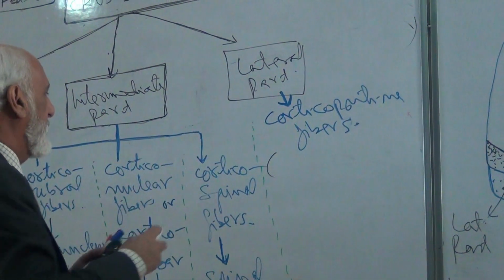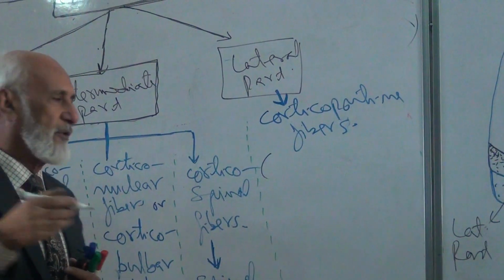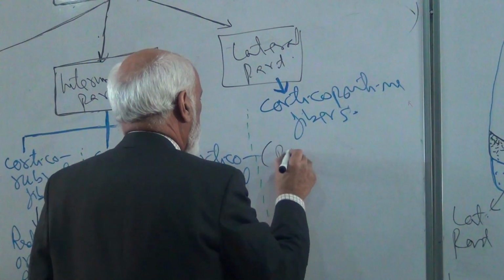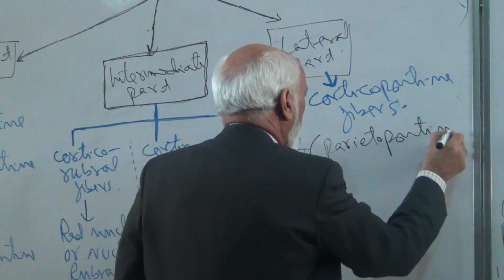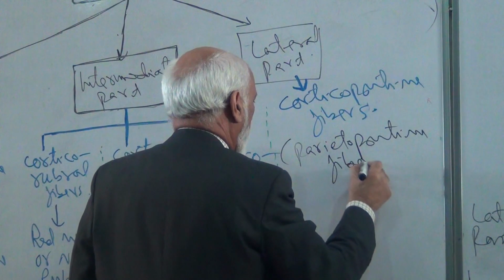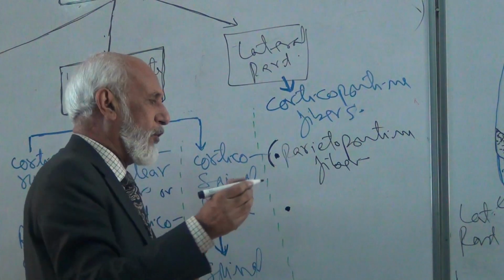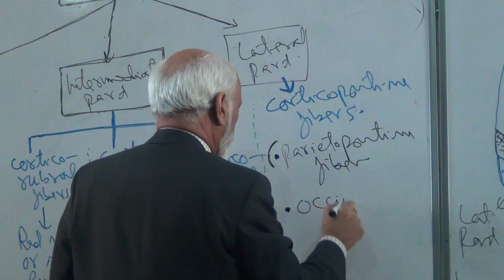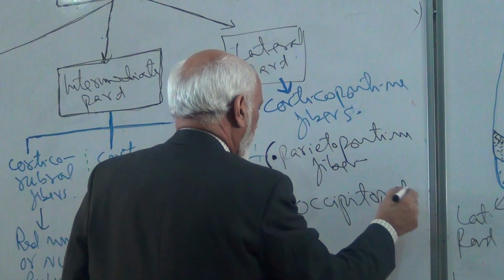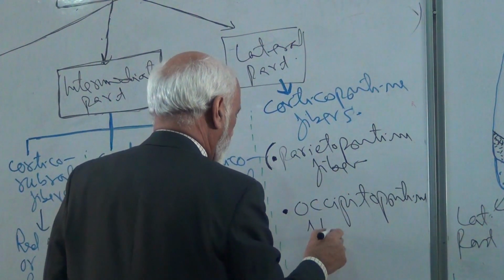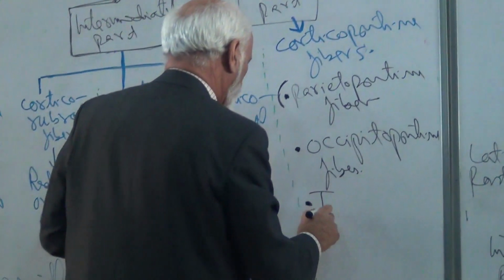Fibers arising from the parietal cortex are parietopontine fibers. Those from the occipital lobe are occipitopontine, and those from the temporal lobe are temporopontine fibers.